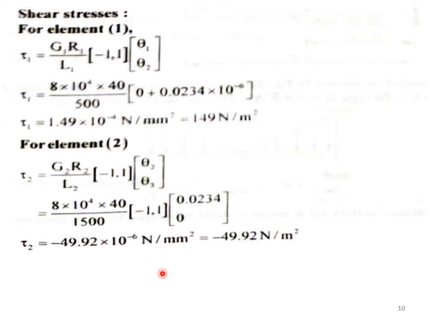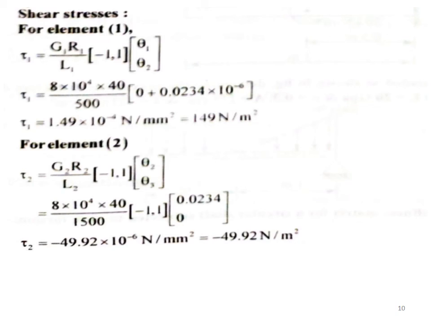Upon solving, we will be getting the value of tau 2 as minus 49.92 into 10 to the power of minus 6 Newton per mm square. It is minus 49.92 Newton per meter square. So this is how we find the unknown angle of twist and the shear stresses.